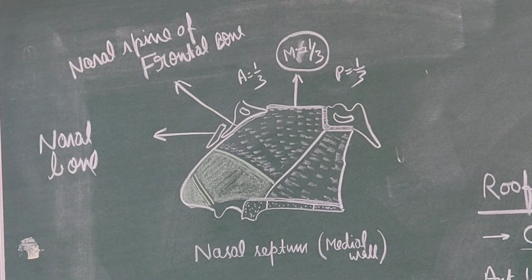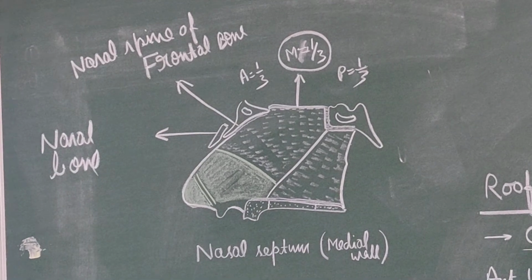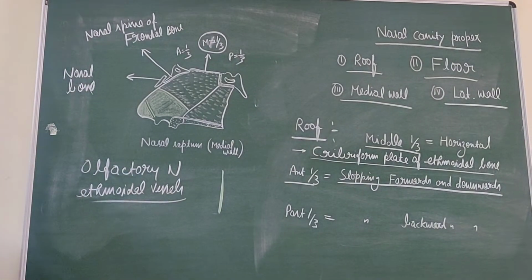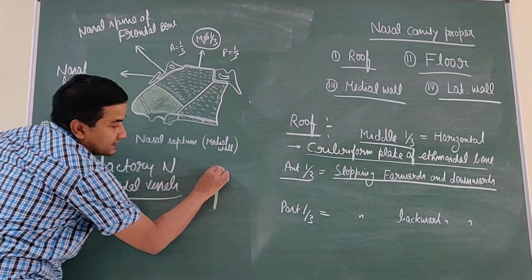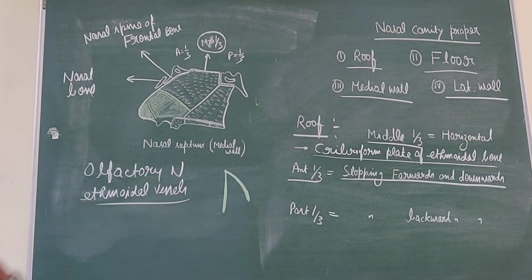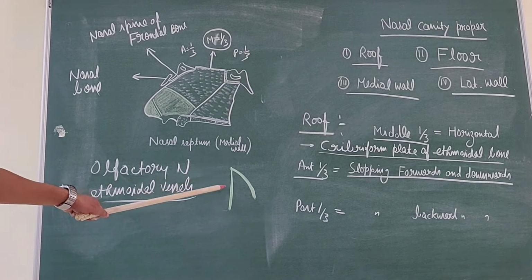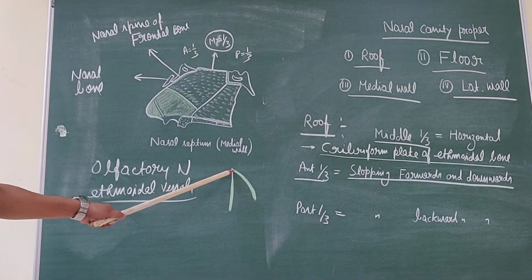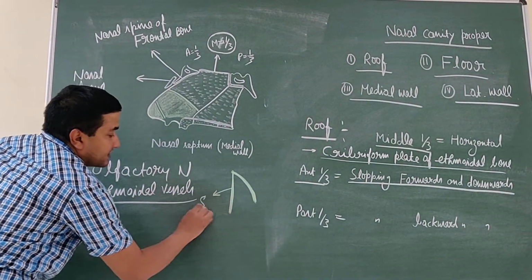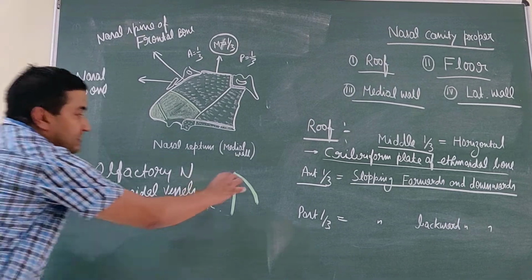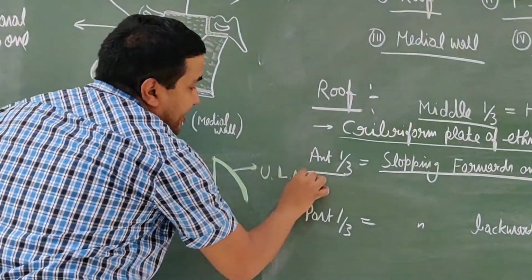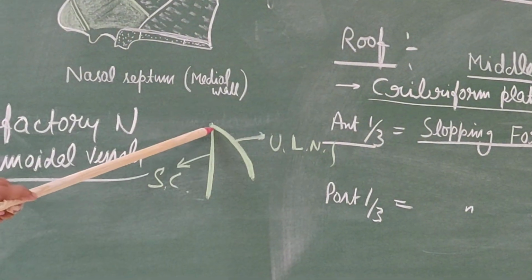The anterior part is also formed by the junction of the septal cartilage and the upper lateral nasal cartilage, remember the diagram.